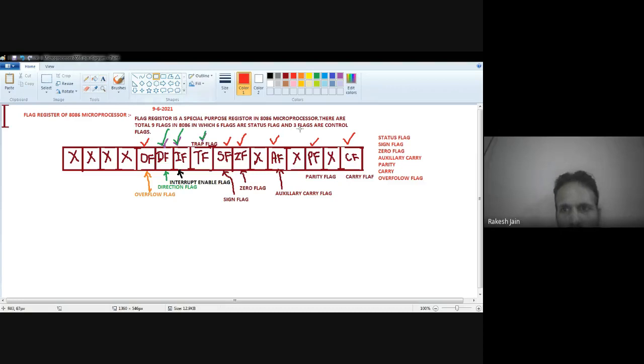So I denoted them in a bracket so you will understand. Yes, and the remaining are the control flags.